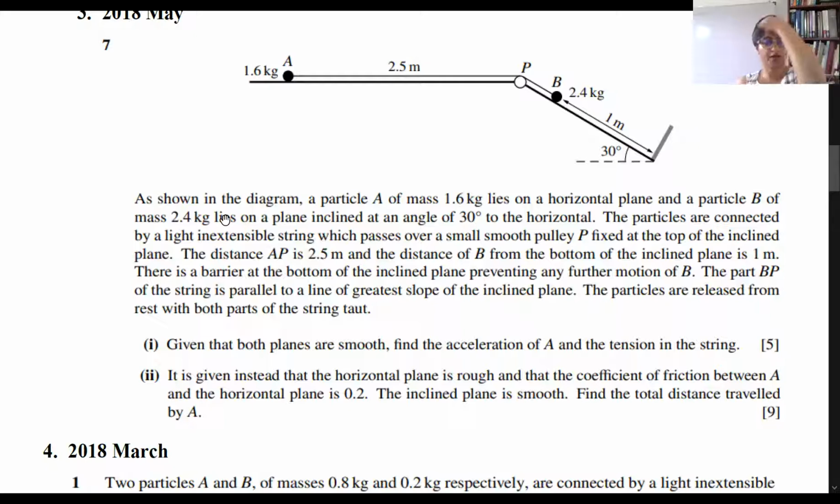Okay. Now, do we need to find the distance traveled while the string is taut? We don't. It's 1 meter. But we are focusing on the subsequent motion after B hits the barrier. Good, Nathan. After B hits the barrier, for that motion, while the string is slack, what do we know?